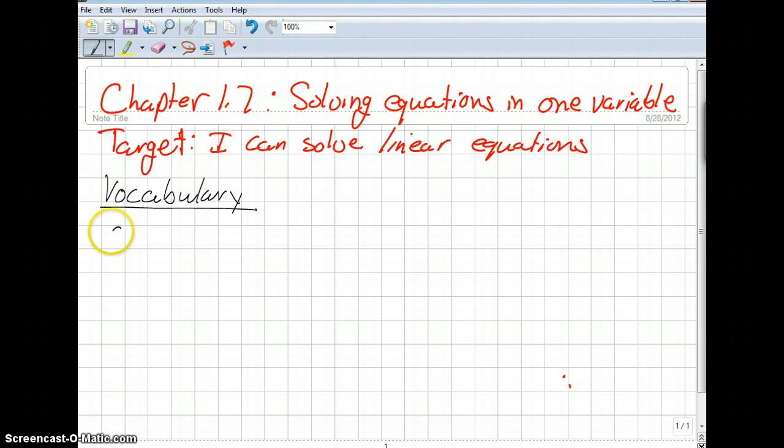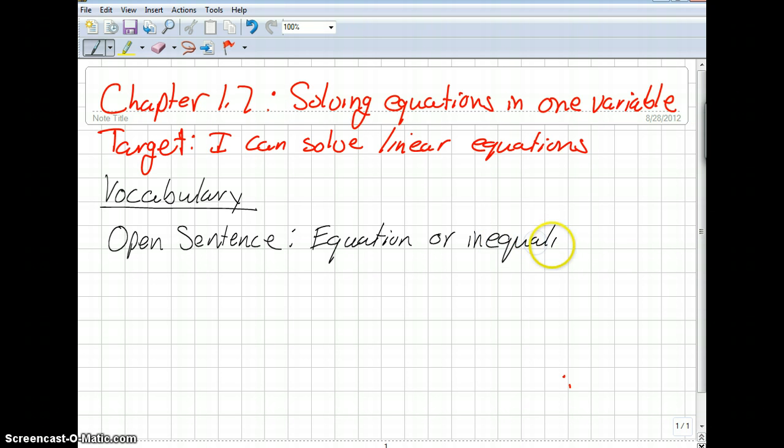The first one is open sentence. When we talk about an open sentence, we're talking about an equation or inequality with at least one variable.